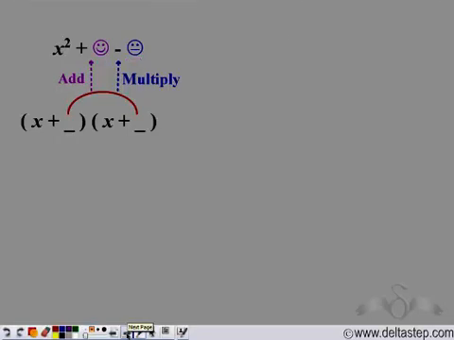So first, let us consider this case. If we have the last term as negative and the middle term as positive. Now we have seen that we need to express the last term as the product of two numbers and the middle term as the sum of two numbers.